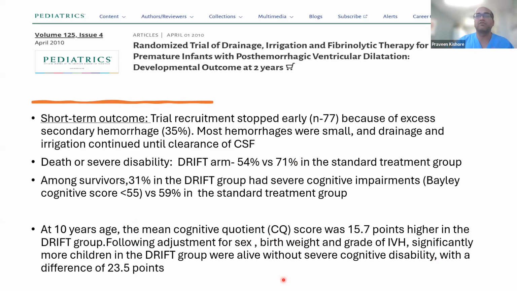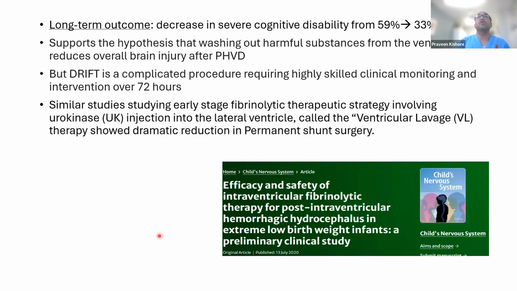Following adjustments for all of those things, they felt that the drift group children were alive without severe cognitive disability, quite a significant number. So long-term outcome was much better, and it supported their hypothesis that washing out harmful substances from ventricles will reduce overall brain injury.